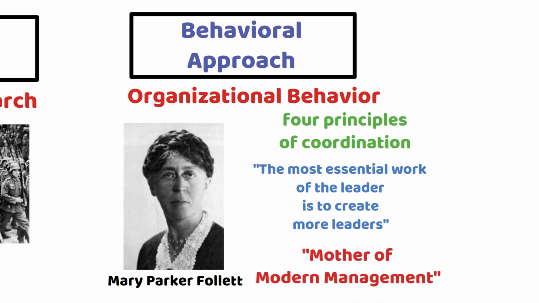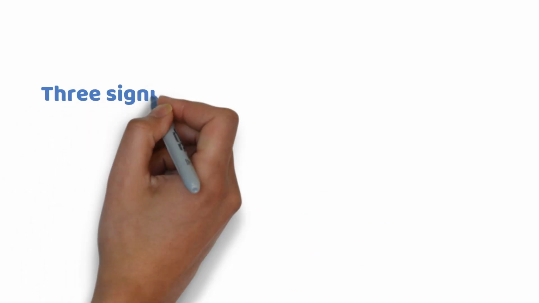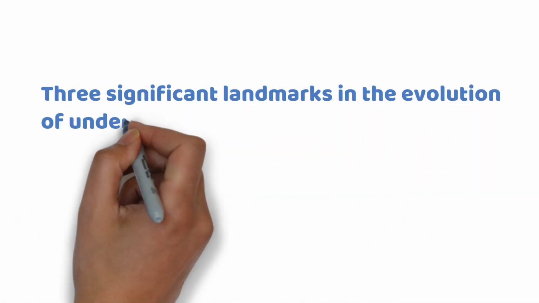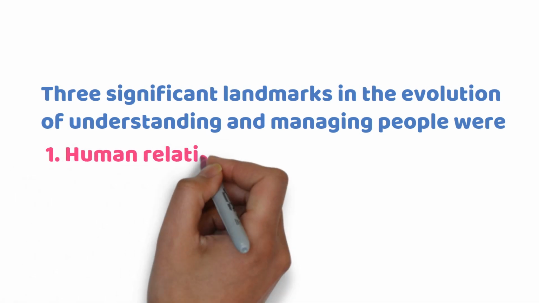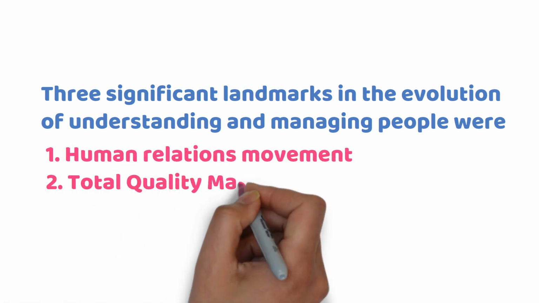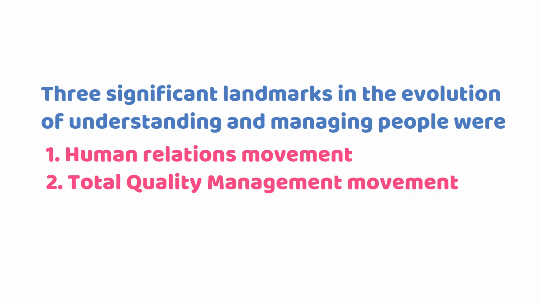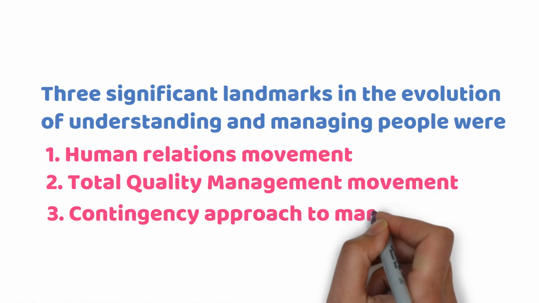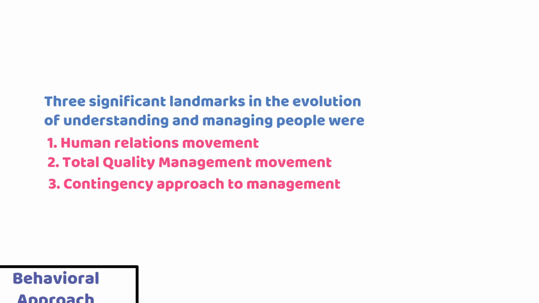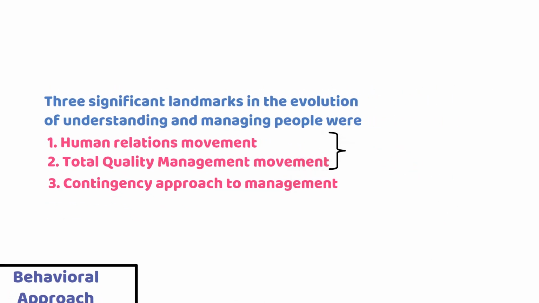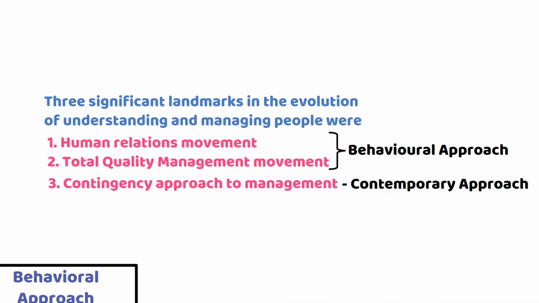We discussed that 3 significant landmarks in the evolution of understanding and managing people were the human relations movement, the total quality management movement, and the contingency approach to management. The human relations movement and total quality management can be put under the behavioral approach to management, and the contingency approach to management is a contemporary approach.